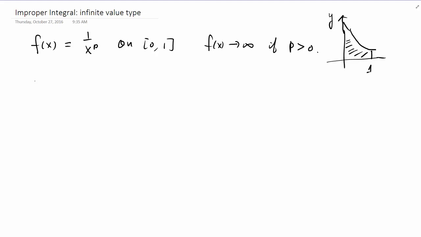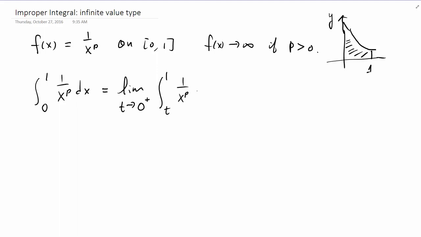So we define, just like the other kind, the integral from 0 to 1 of 1 over x to the power p dx using a limit. We take the limit as t goes to 0, of course from the right hand side, and then we integrate from t to 1 of 1 over x to the power p dx.